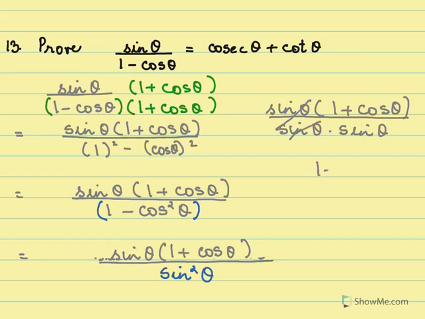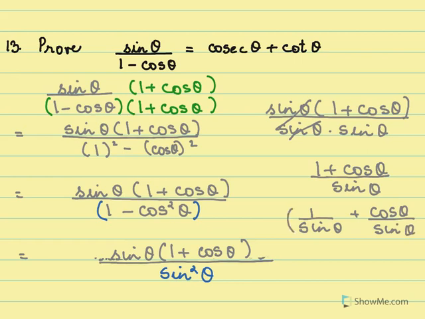This would cancel out, so I get 1 plus cos theta over sin theta. Now let's separate out the LCM. 1 over sin theta plus cos theta over sin theta. 1 over sin theta is cosec theta, and cos theta over sin theta is cot theta.